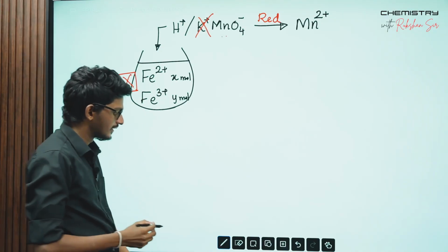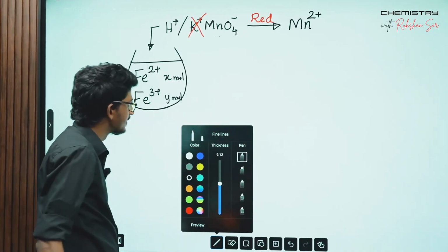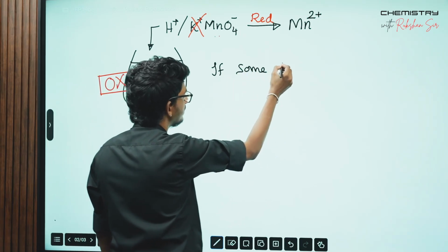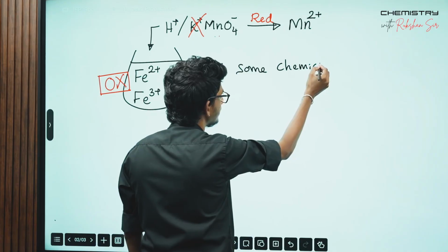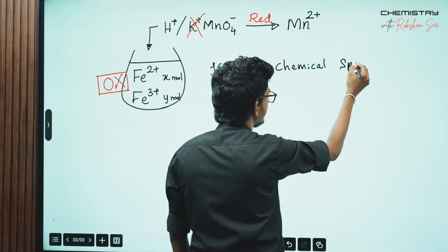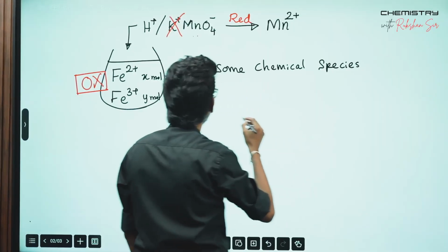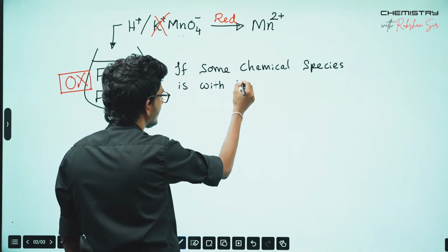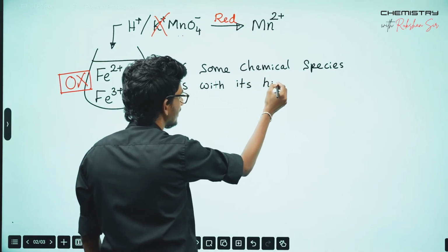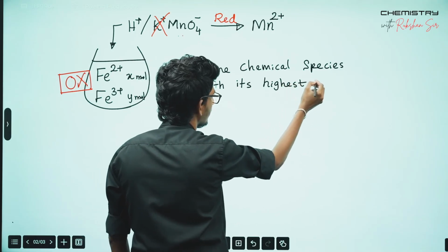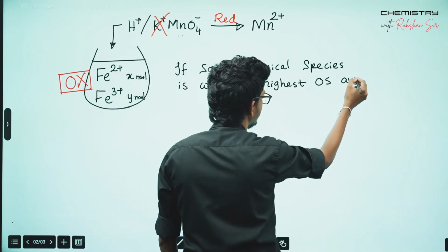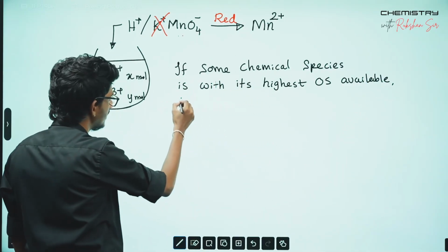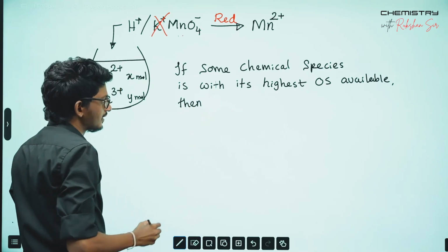The point here is, if some chemical species is with its highest oxidation state available, then such a species can't get oxidized.